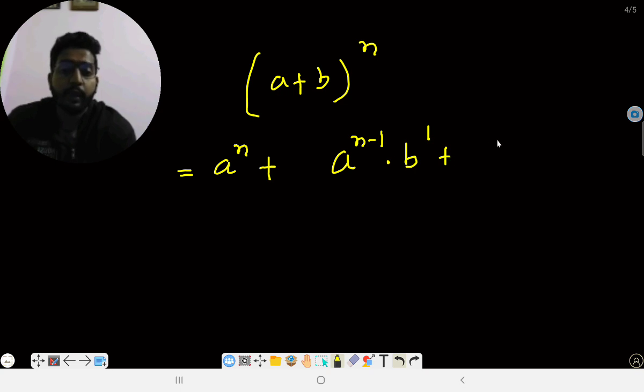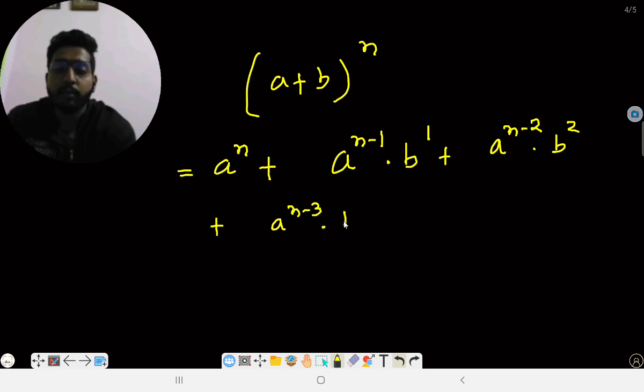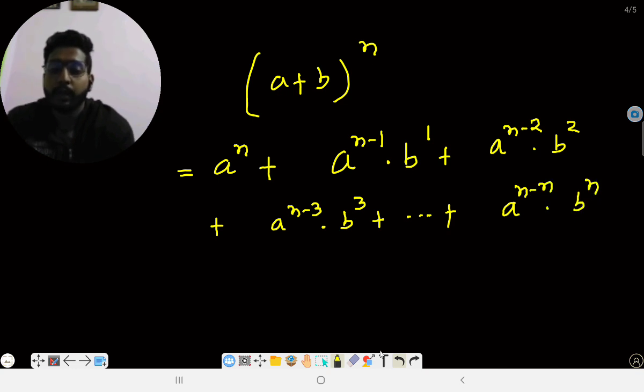Next again a to the power, it will be again decreasing, n minus 2 into b to the power 2 plus again a to the power n minus 3 into b to the power 3 plus dot dot dot. In the last step the power of a will be decreasing, that means a to the power n minus n into b to the power n like this.